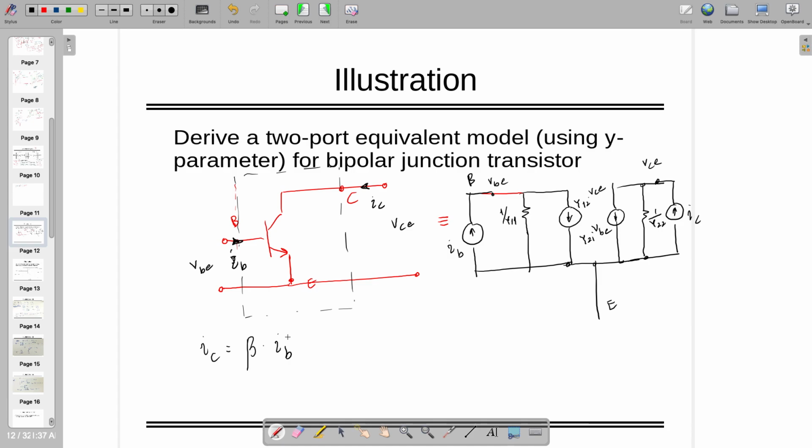You must have studied it, at least in the diode equation. If you look here, when this transistor is in active mode, this is forward bias, this is reverse bias. Here to here the junction is reverse bias, here to here the junction is forward bias. It will follow the diode equation.